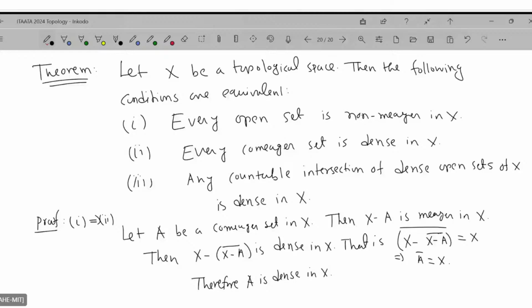Okay, two implies three. Any countable intersection of dense open sets of X is dense in X. What you have to assume?